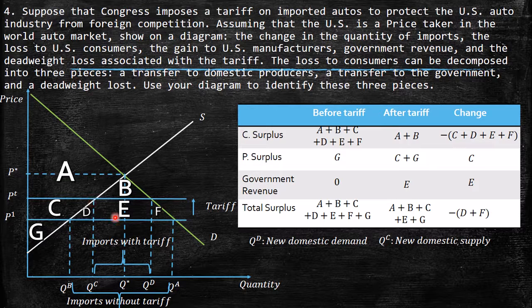The other part, this E, was on the consumer side before, but after the tariff it is no longer part of them. So this E is a transfer to the government, and D and F are the deadweight loss. So we decomposed the consumer loss in three. This is what the exercise asks for.